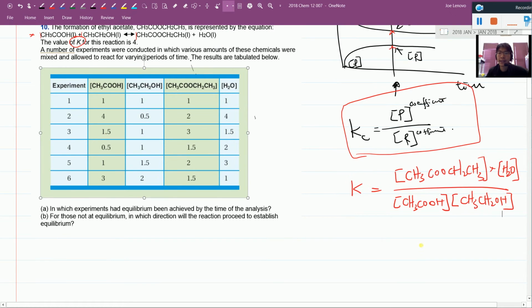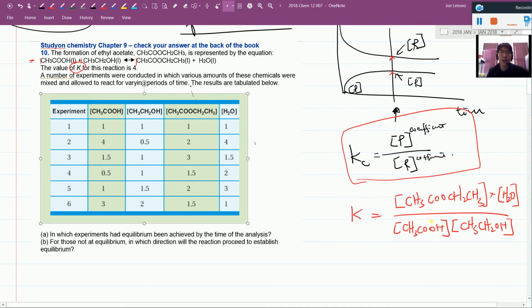So the equilibrium constant is the products times each other divided by the reactants times each other. Because the coefficients are all to the power of 1, we are very happy to see this can be calculated easily, without squares or cubes.